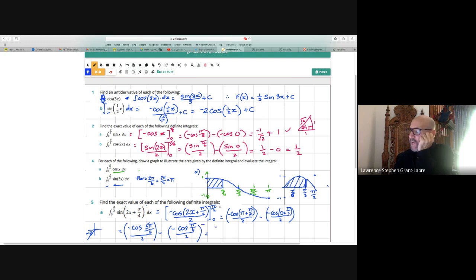So we've got a negative, negative 1 over root 2, that's a positive, over 2. Minus negative, and cos of pi over 4 is 1 over root 2, over 2. Let's simplify these negatives. Two negatives make a positive, so that's 1 over 2 root 2. And minus negative makes plus 1 over 2 root 2. So we end up with 2 over 2 root 2, and that simplifies into 1 over root 2.